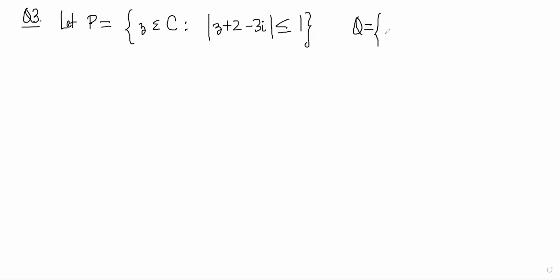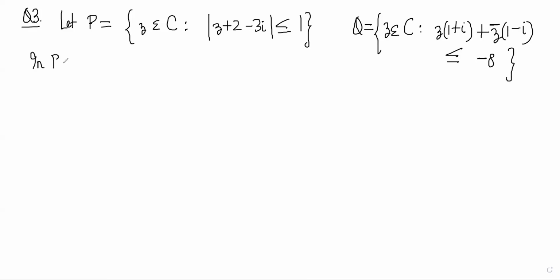Let P is equal to Z belongs to C such that mod of Z plus 2 minus 3i is less than or equal to 1, and Q is equal to Z belongs to C such that Z times 1 plus i plus Z conjugate times 1 minus i is less than or equal to minus 8.